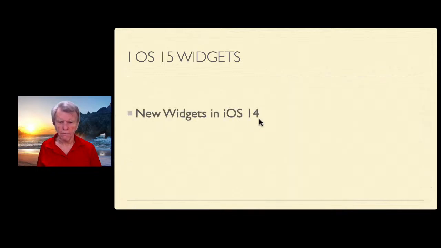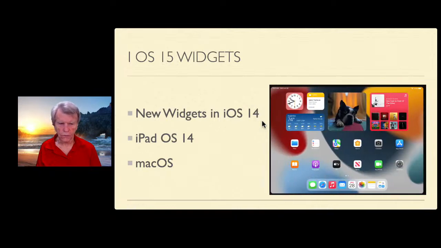And now we have the new widgets starting with iOS 14 and continuing on into the latest version of iOS and iPadOS, and the widgets are now back in macOS as well. So widgets now look like this.